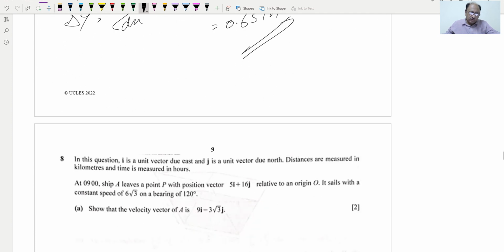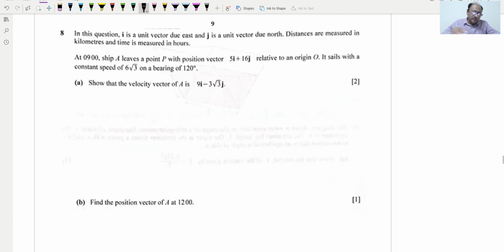Hopefully you understood this. Now question number 8, and it says, in this question i is a unit vector due east and j is a unit vector due north. So due east and north, if we draw, for your understanding, a diagram is not required, but I just wanted to explain.